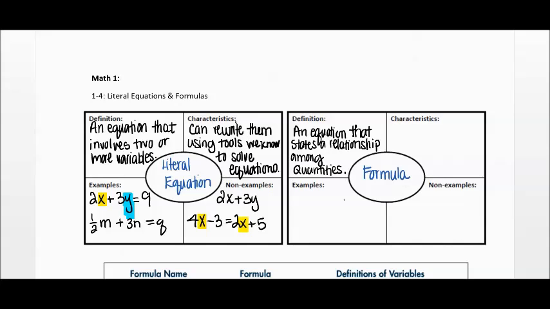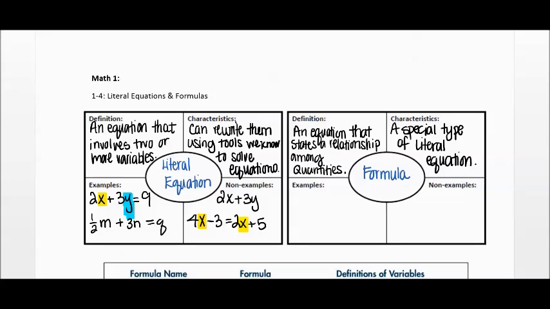Now, an important characteristic of a formula is that it is a special type of literal equation, because it is going to have more than one variable pretty much all of the time.